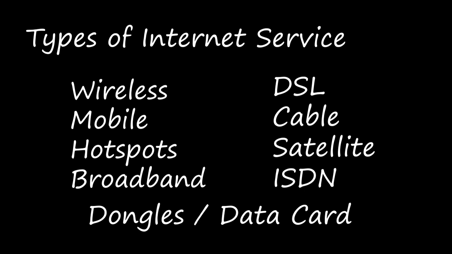ISDN allows the user to send data, voice, or video content over digital telephone lines, or it will use a standard telephone wire only. An integrated services digital network adapter is required at both ends of the transmission, the sender side and the receiver side, on the part of the user as well as the internet access provider, right?